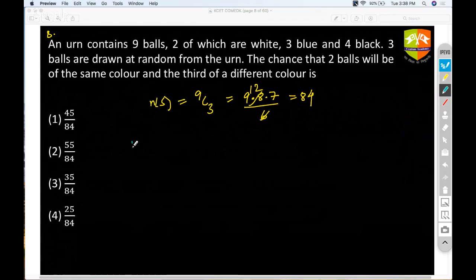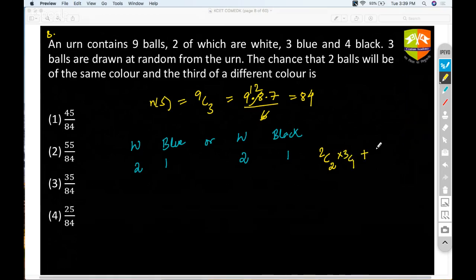Now let's take cases. Let's say I choose to draw 2 white and 1 blue, or it can be 2 white, 1 black. So this would be nothing but 2C2 into 3C1 plus 2C2 into 4C1. In a similar way, I can have 2 blue, 1 white, or 2 blue, 1 black.